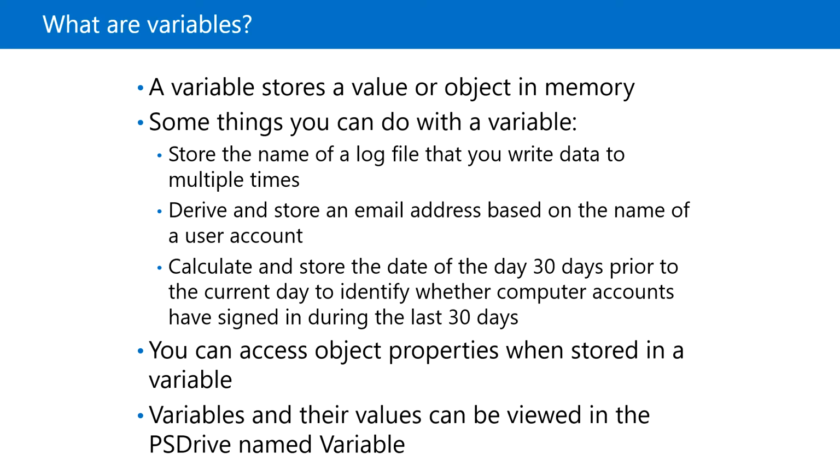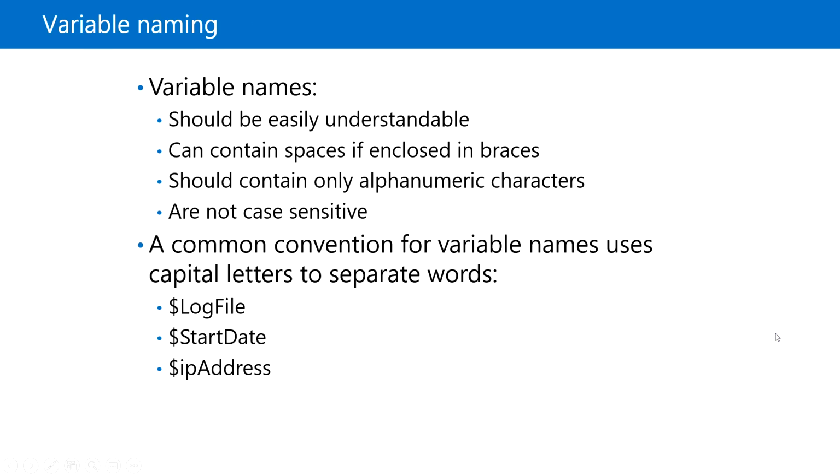Okay, next we'll see variable naming. When we assign a value to a variable, we have to provide a proper name for the variable, because there are some aspects we have to consider.